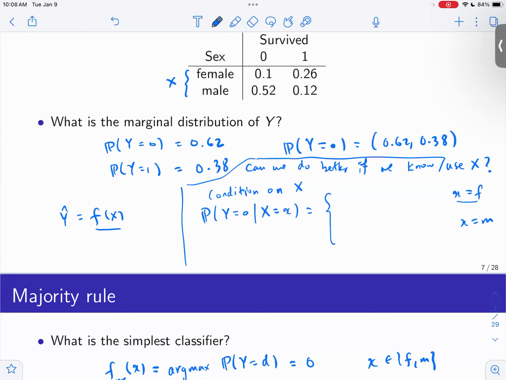Look at the probability that Y is equal to 0 and X is equal to F. This is not exactly from the table. This is going to be the joint probability, not the conditional probability. There's a bit of calculation that we have to do, right?